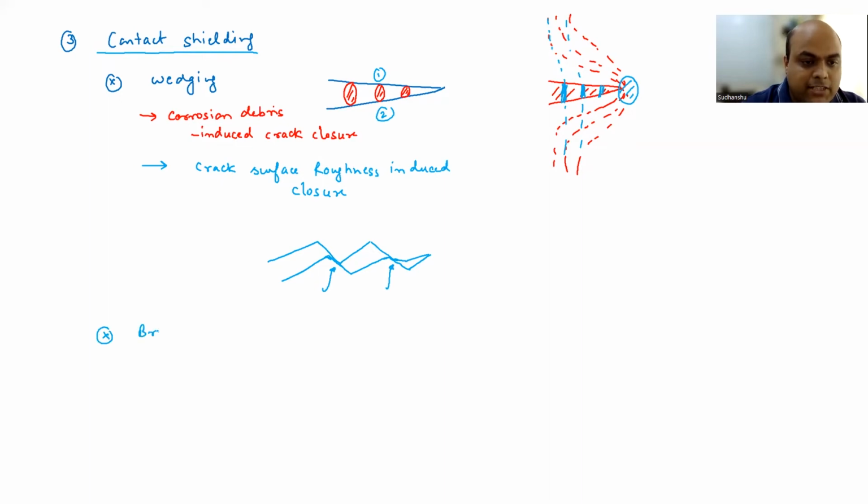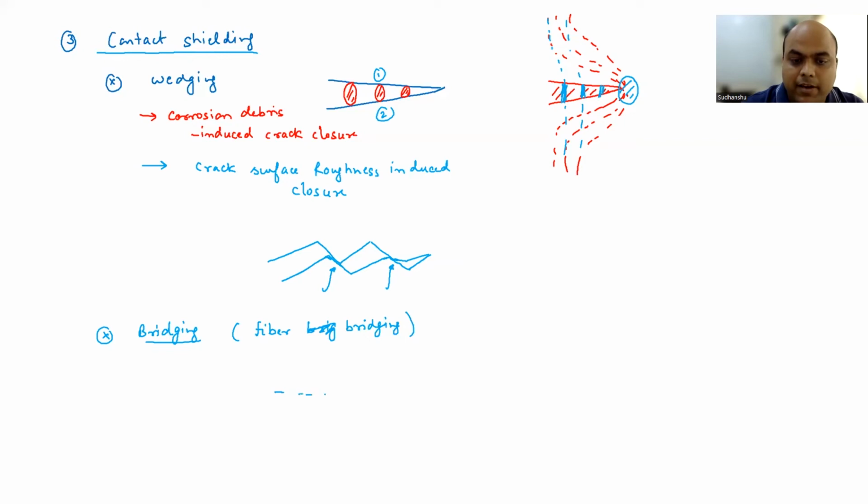Now we have bridging, which we have already discussed in composites, fiber reinforced composite, where we talked about fiber bridging. Okay.